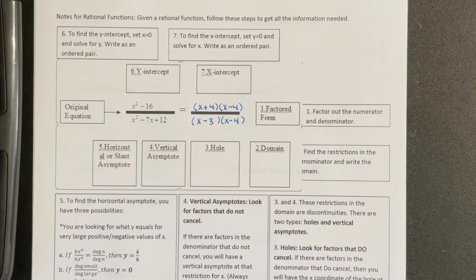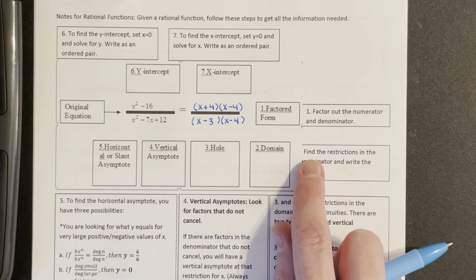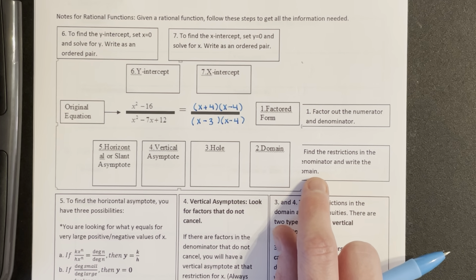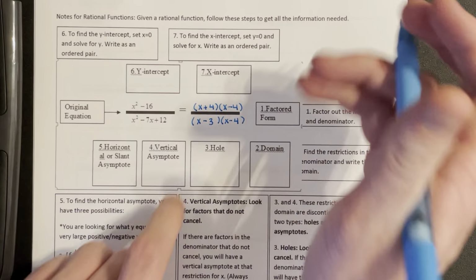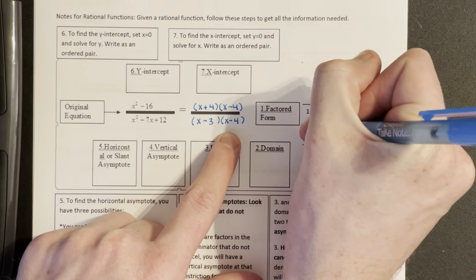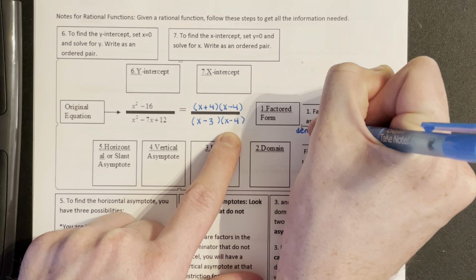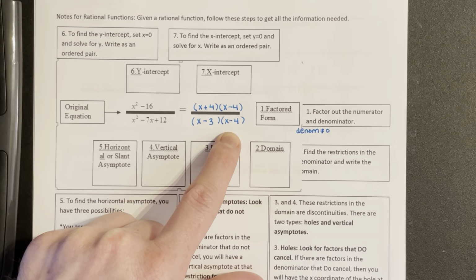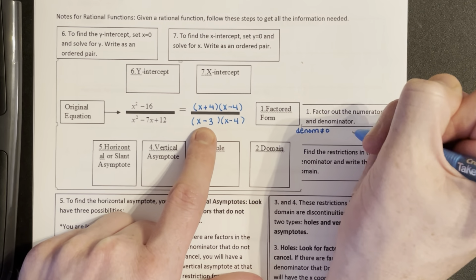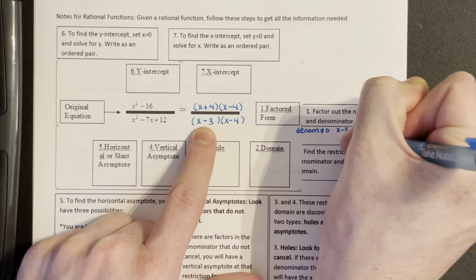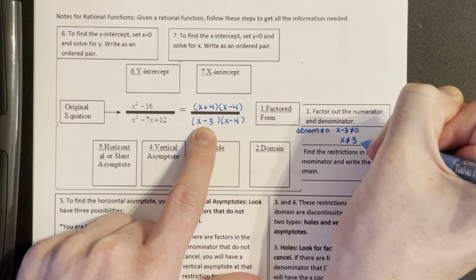Now that it's in factored form, we can find the domain. The domain restrictions are going to come from the denominator, and we just rewrite that into the domain. If we have x minus 3 and x minus 4, we know that the denominator cannot equal 0. So x minus 3 cannot be 0, which led us to x cannot be 3.